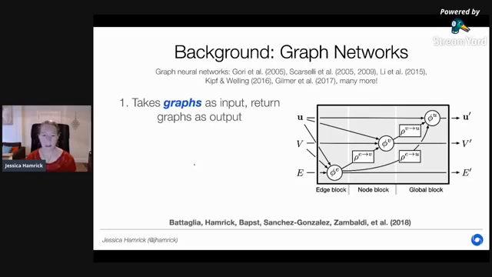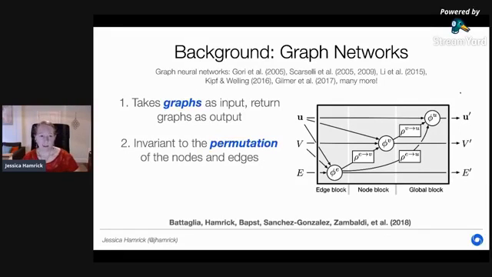A graph is defined as a set of nodes and edges and maybe some global properties as well. So you pass all of those things into the graph network, as you can see here in this diagram. And then it does some computation over those nodes, edges, and global properties and outputs another graph, which has a different set of attributes for the edges, nodes, and globals.